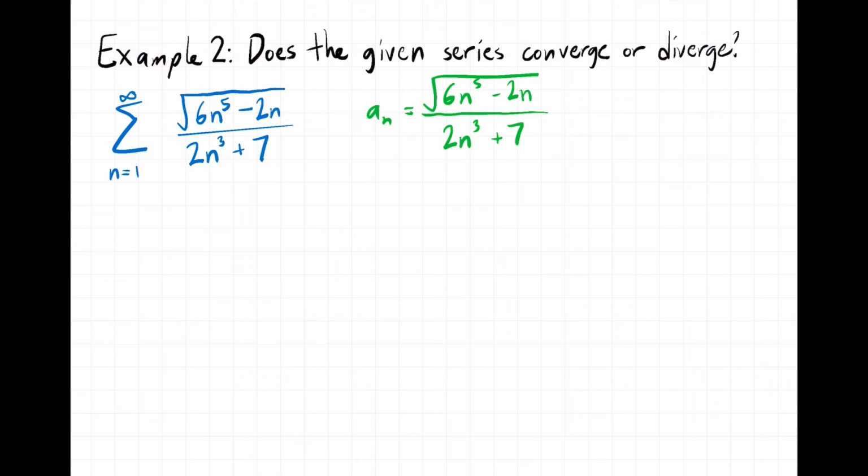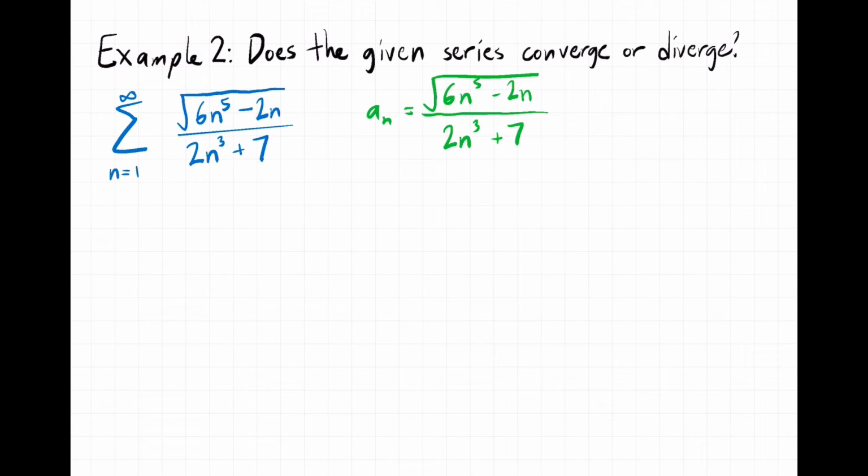And in general, algebraic functions showing up in a series is a good indication that the limit comparison test using a p-series for the comparison is going to work for you. So let's do that.